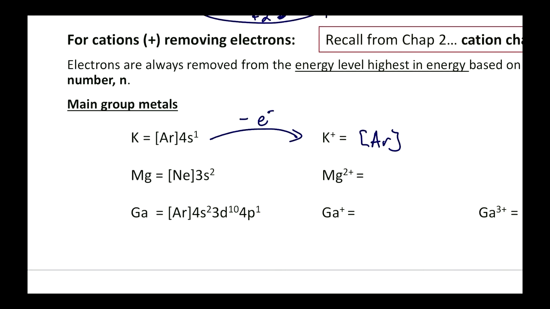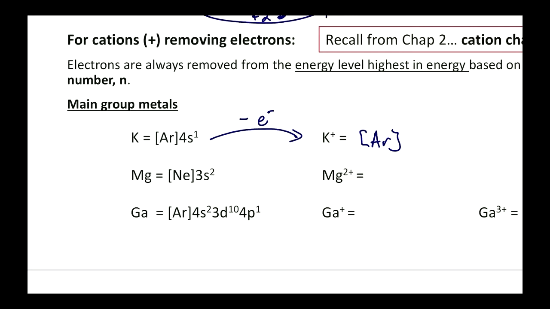It's going to be a real big one, because now we have a really stable noble gas configuration. So if it's a really high energy, is it likely that it'll happen? No, you won't find a potassium 2+. And so this is why we can make statements like potassium as an ion will always be +1. We can say that from an energy point of view.